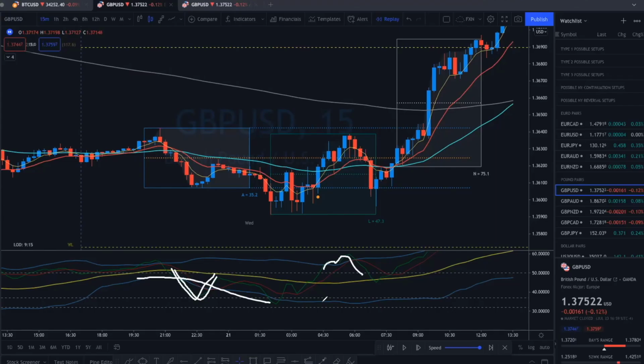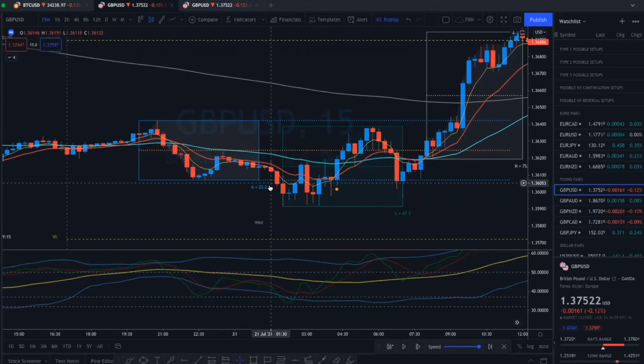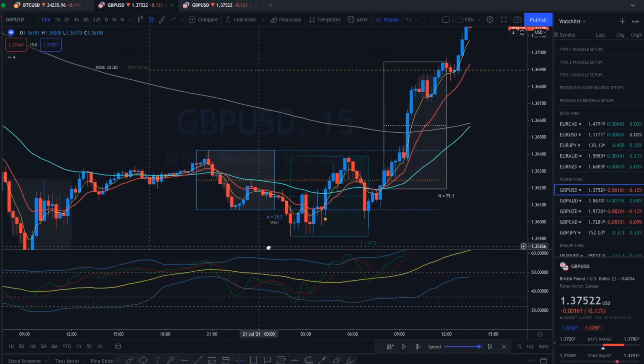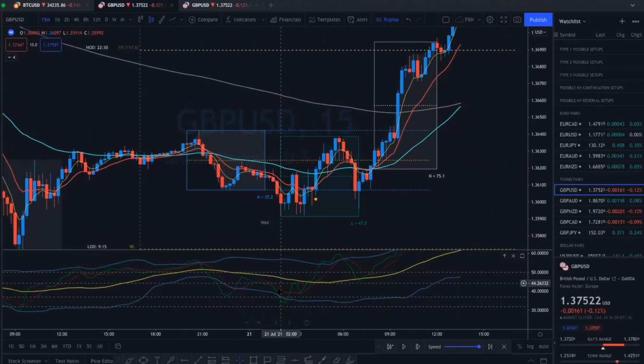What I found is that a lot of times this hook actually happens on the first leg, not the second. The majority of the time you're going to notice that this hook action comes into play on the first leg, not the second. So in a lot of ways, it's almost like pre-predicting the future.